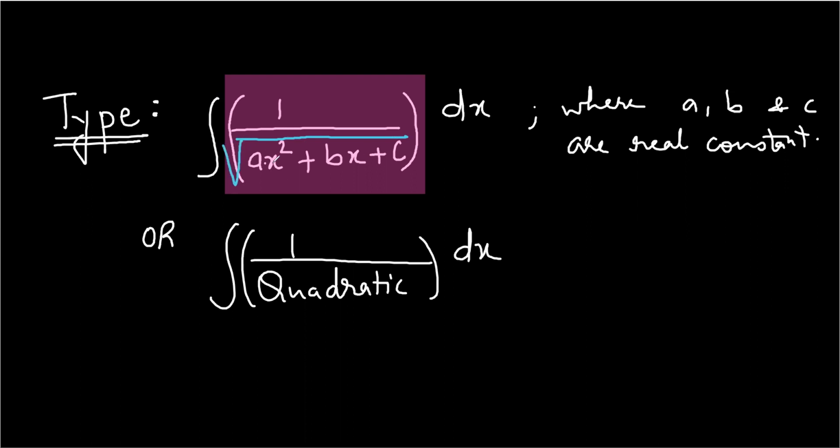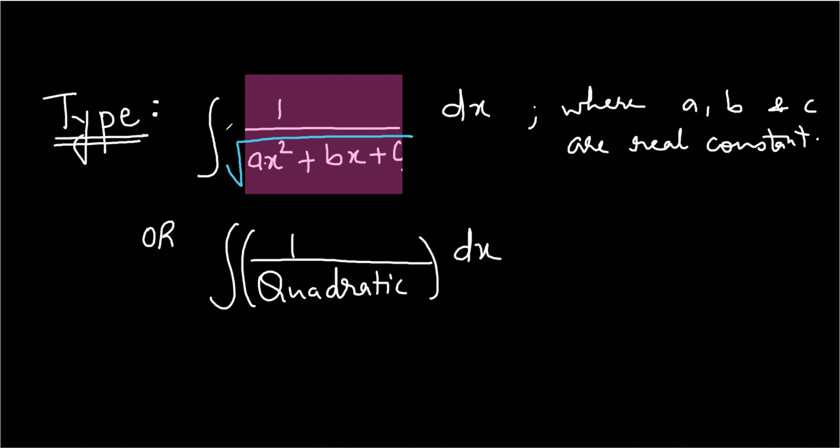The earlier type was 1 upon quadratic. Now we have 1 upon root quadratic. So integral 1 upon root of quadratic.